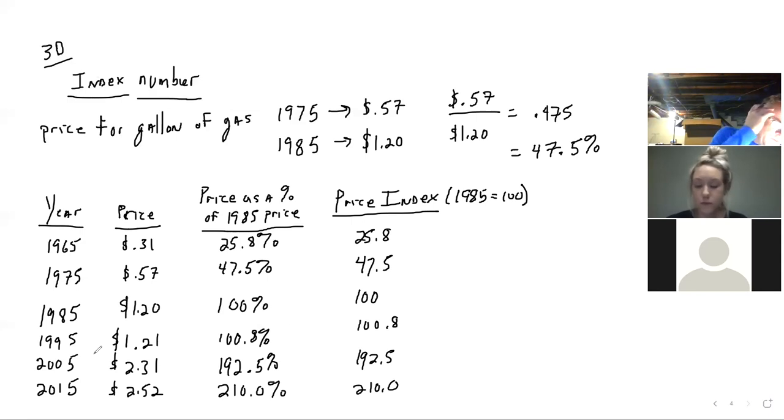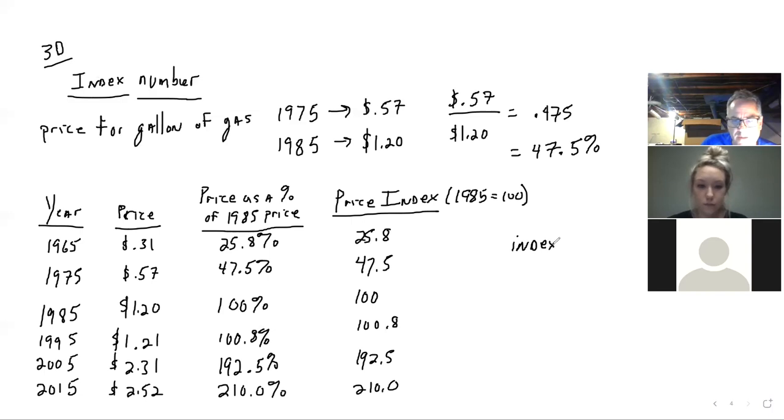So officially, the definition is: an index number provides a simple way to compare measurements made at different times or in different places. The value of one particular time or place, in this case we're doing times, is chosen as the reference value. In this table, we chose 1985 as the reference value. So how do we calculate the index number for any other time?